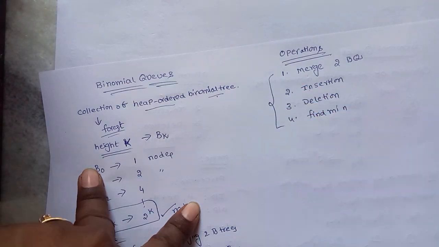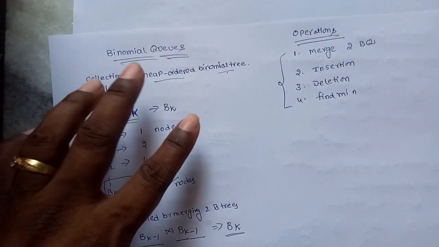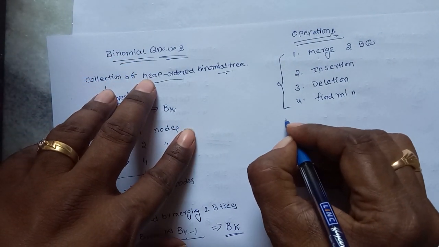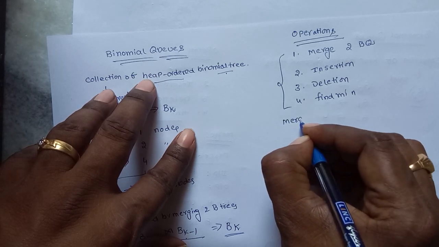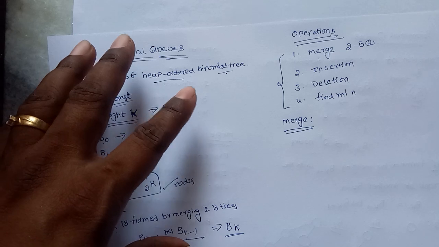These are the main operations performed on the binomial queue. Now we will discuss each and every operation. First operation is merge, merging elements into the binomial queue.